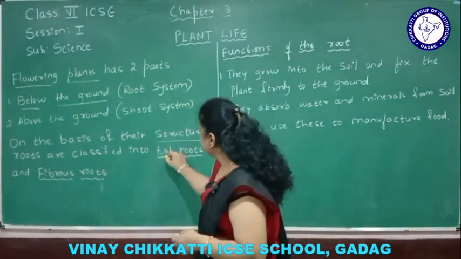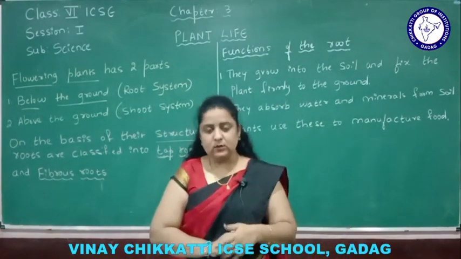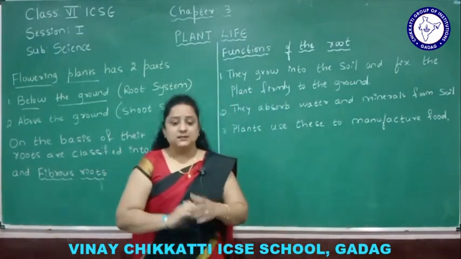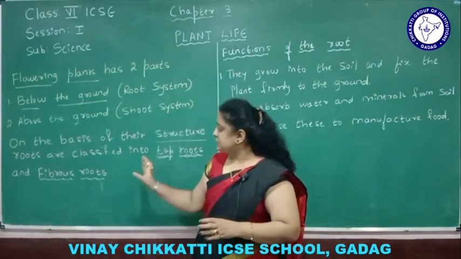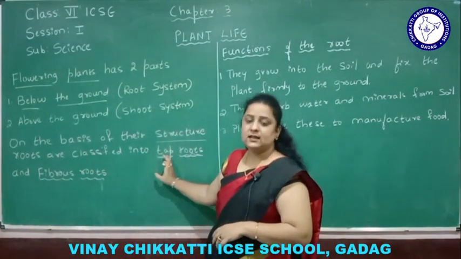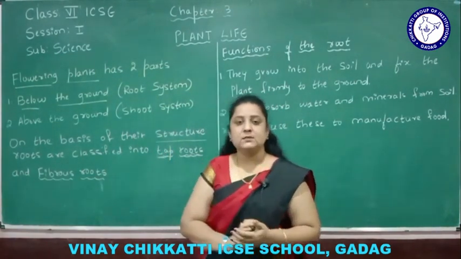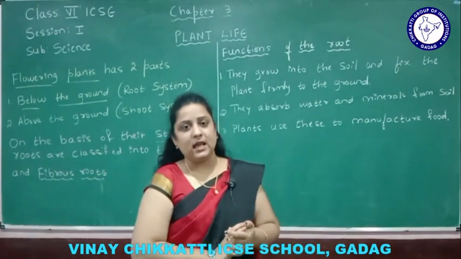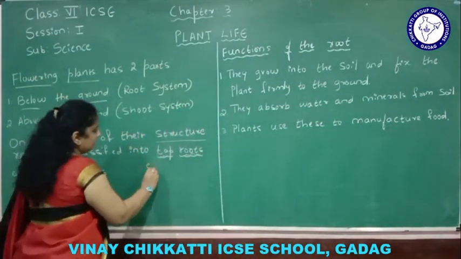First one, tap roots. These tap roots grow deeply below the soil, and they do not have a main axis. They have a long axis which is broader at the base and tapering at the tip of the root. Mustard, sunflower, cabbage, rose, etc. are all examples of tap root.